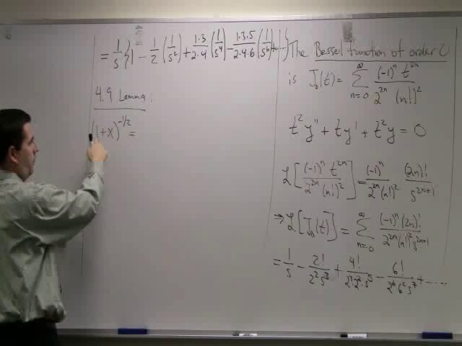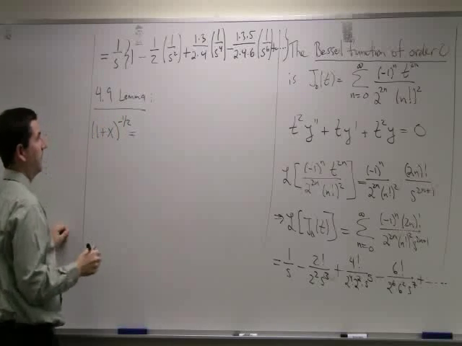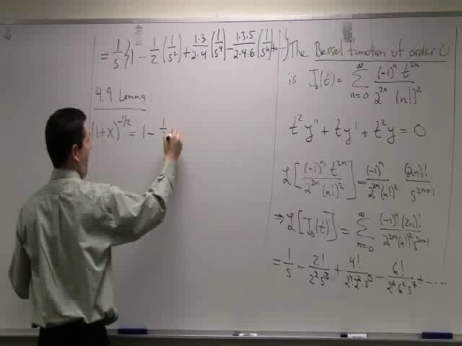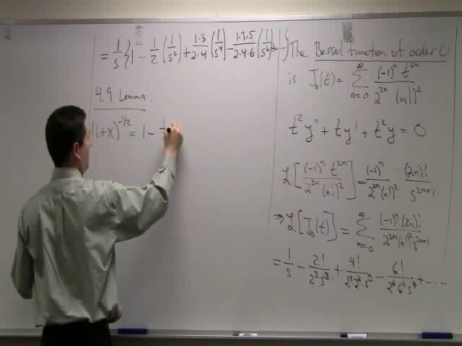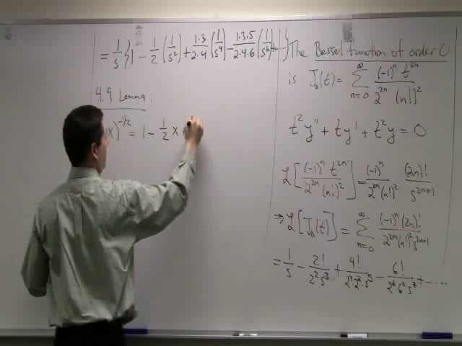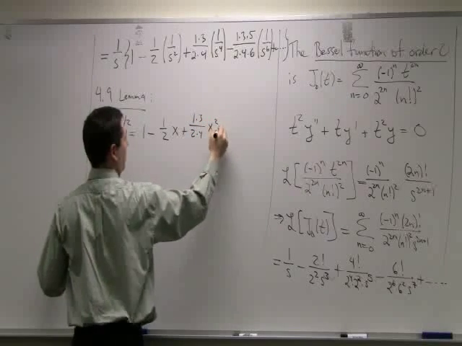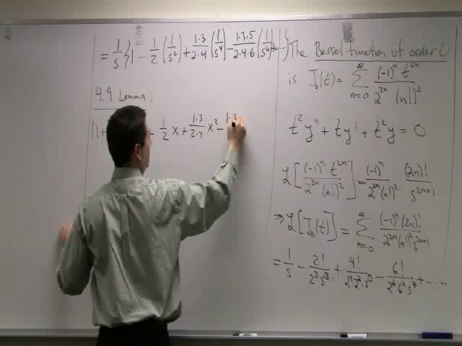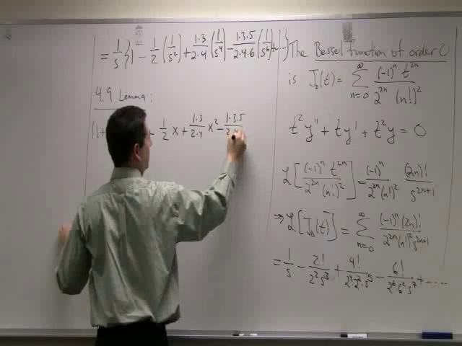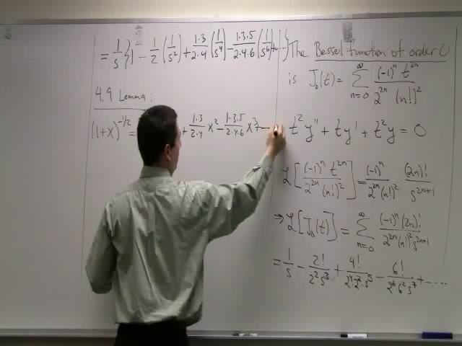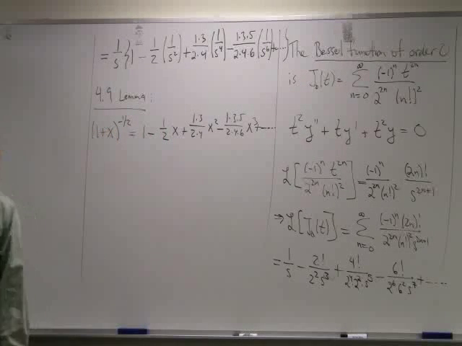So in the case where you have 1 plus x to the minus 1/2, you get 1 minus 1/2 times x plus 1 times 3 over 2 times 4 x squared minus 1 times 3 times 5 over 2 times 4 times 6 x cubed, and so on in the obvious method.